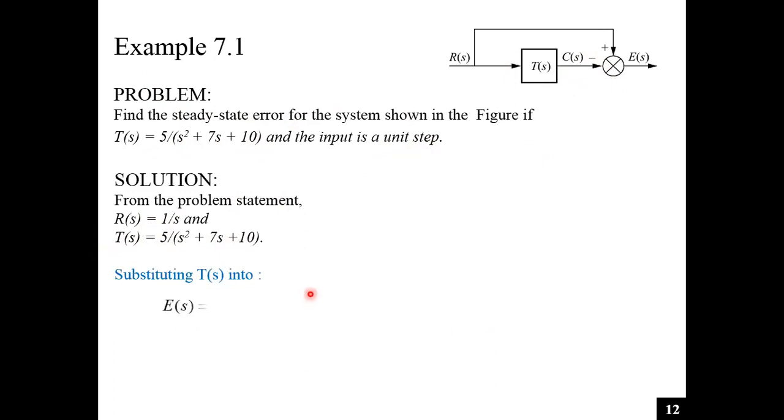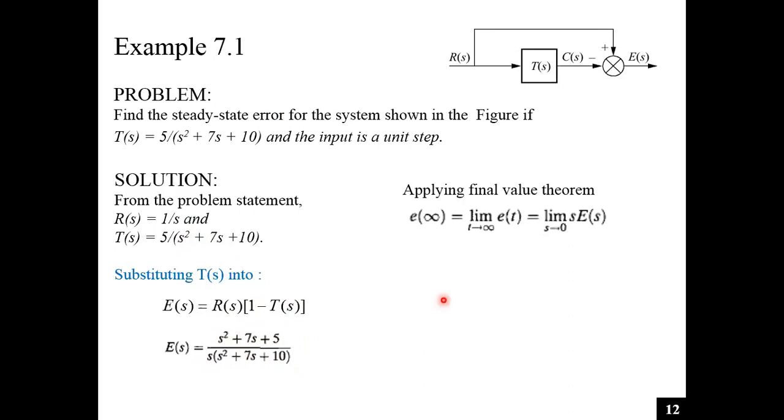So error will be equal to R(s) times (1 minus T(s)). Entering the values, taking R(s) equal to 1/s and T(s) as this term, and taking the LCM will give us this term.